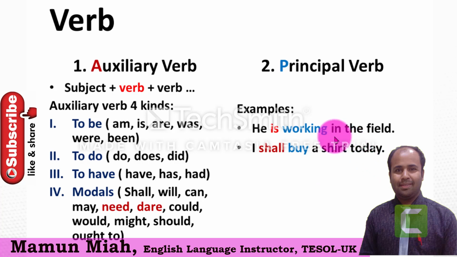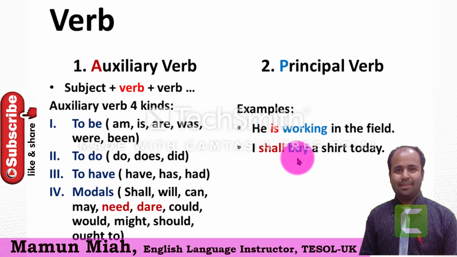In these two sentences, we'll find two verbs. Look here, two colors. The first red color is, and the next one blue, working. In the same way, next sentence, shall and buy. Here the first verb, auxiliary, and the later verb, principal verb.